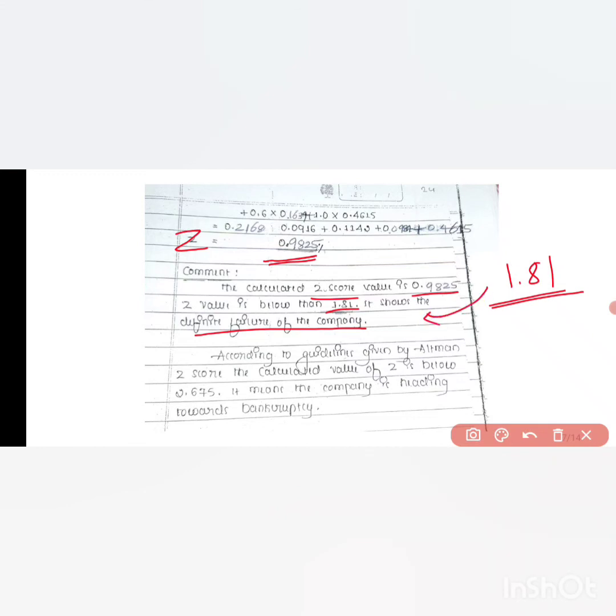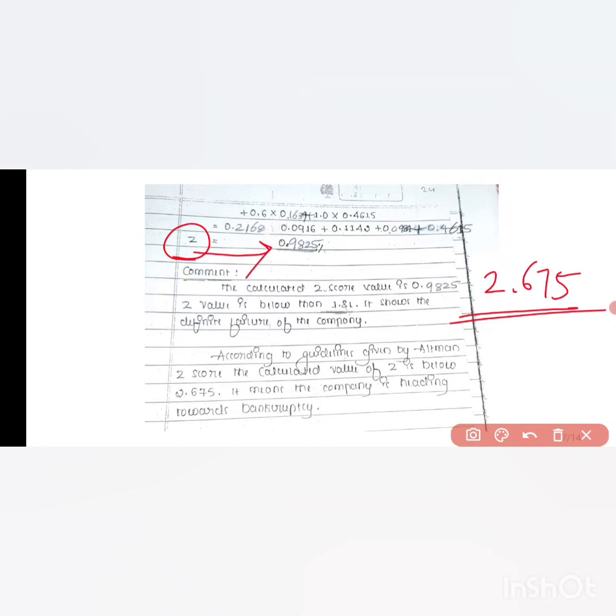Along with that, according to the guideline given by Altman, the calculated value of z is below 2.675. 2.675 is the value which has been given by Altman. Our calculated value of z is below this value, right?